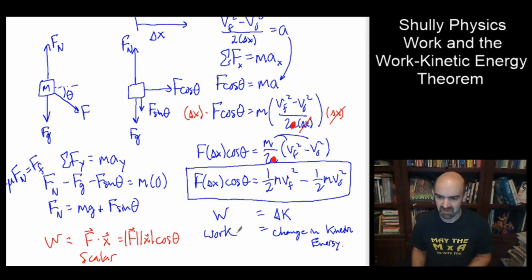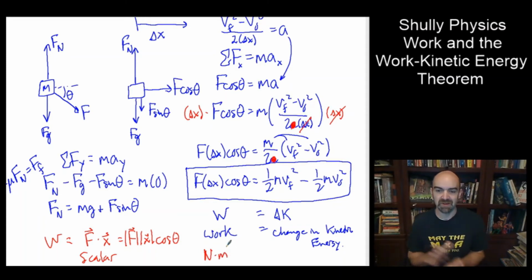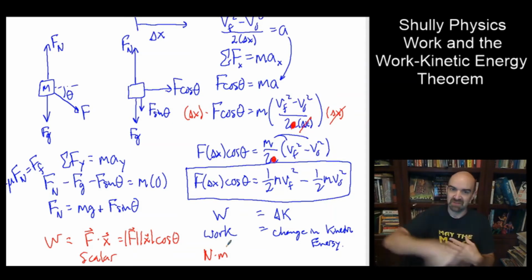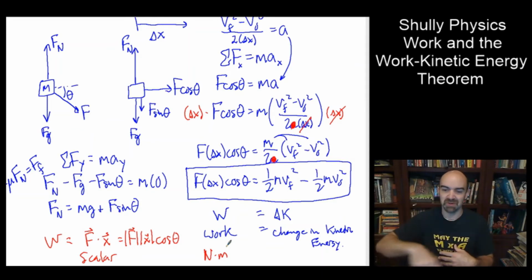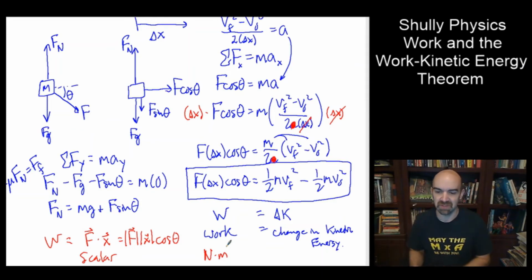And getting back to what this is over here, this is a definition of kinetic energy. And we have to give some kind of units to all this. Well, the unit for work over here is a Newton times a meter. Later on in this course, you're going to see another unit that's a Newton times a meter, and it's from torque. It's from forcing an object to spin or move with a circular motion.